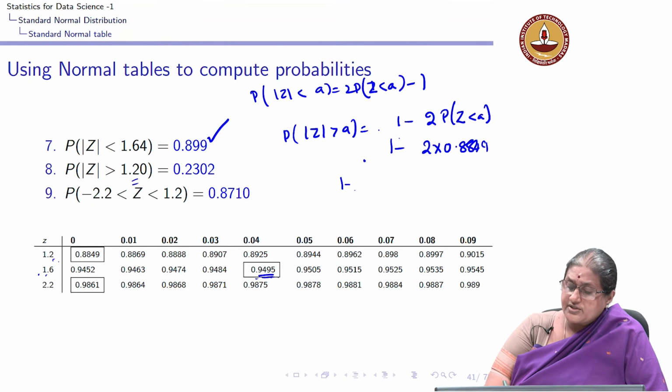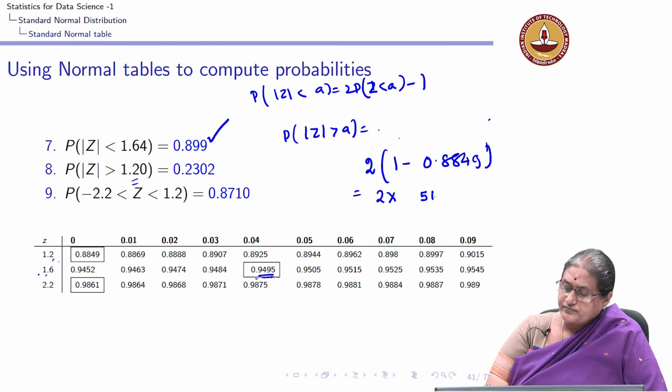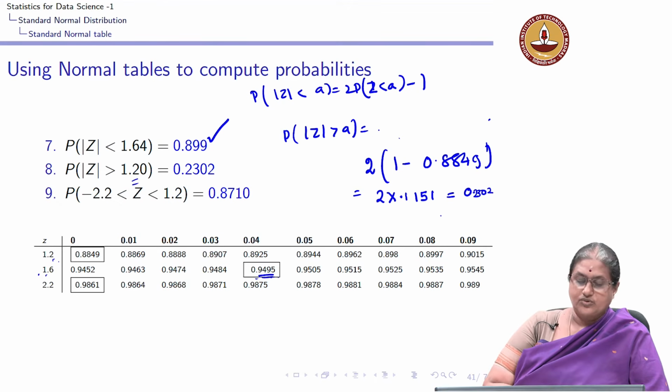So, 2 into 1 minus 0.8849 is going to be equal to 0.2302.